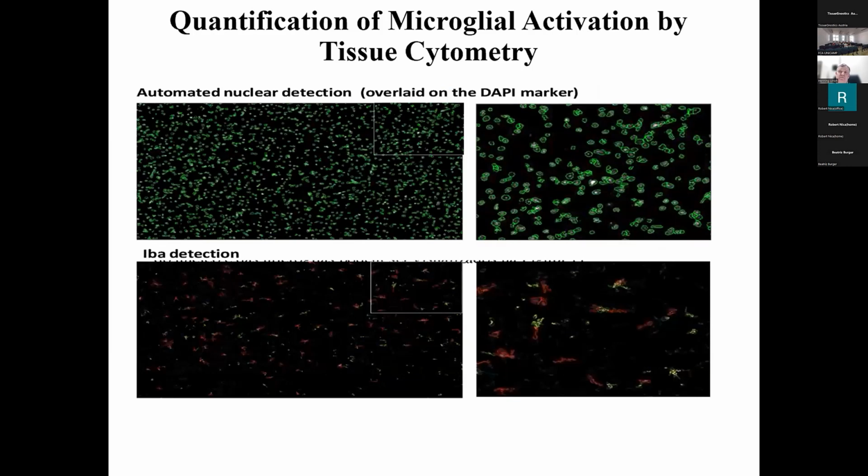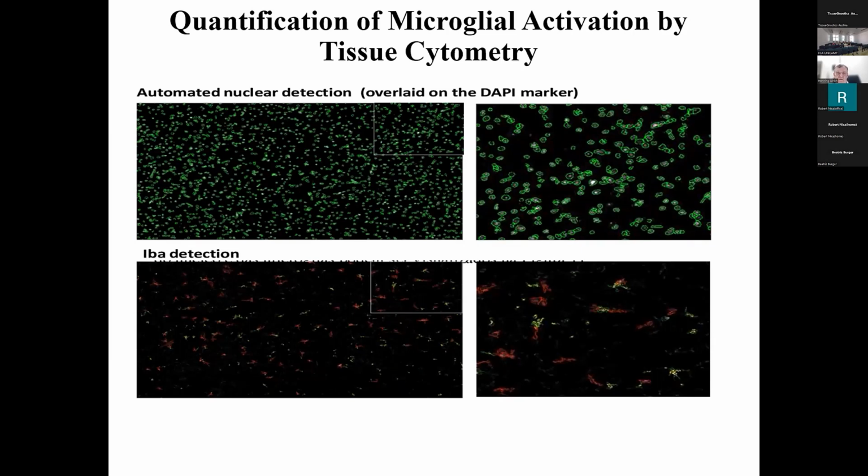So one point was fragmentation, and the second point is how many activated microglial cells you have. In this case, we did the same thing: we detected the nucleus using the DAPI marker, and then in the second field we detected IBA1, basically as a marker of activation of microglial cells.